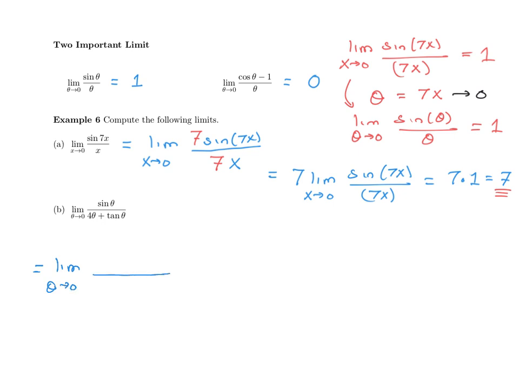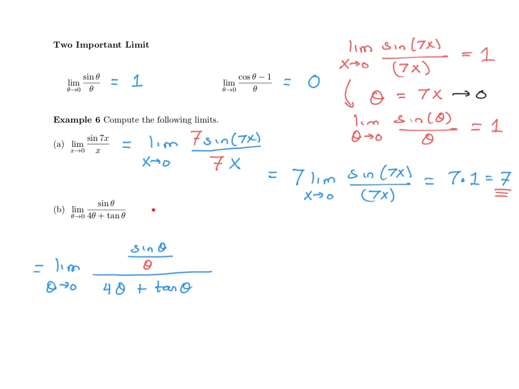So one thing we could do is, I'll write down here, this is the limit as theta goes to 0 of, in the numerator, I'm going to put sine of theta. Now, if this top was divided by theta, that's really great for this type of a limit because I know the top has a limit of 1. But if that's the only thing I do to this fraction, I've changed the value of the expression.